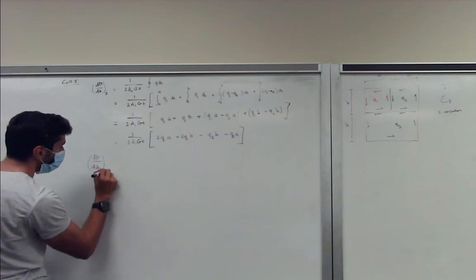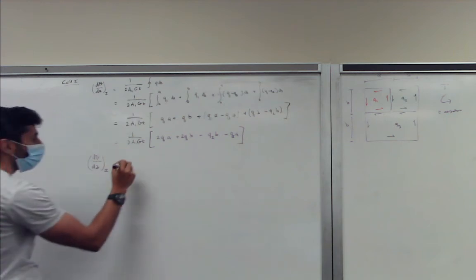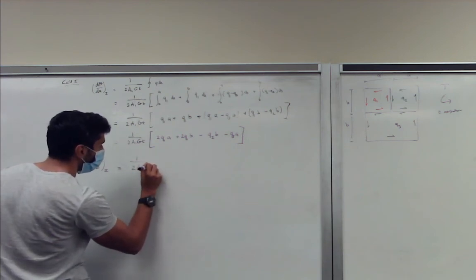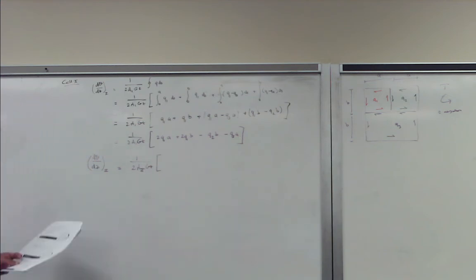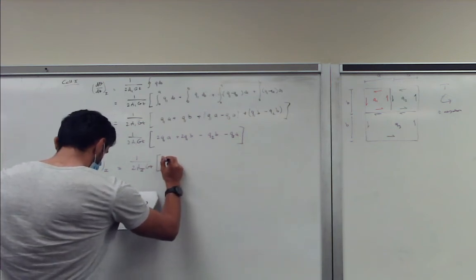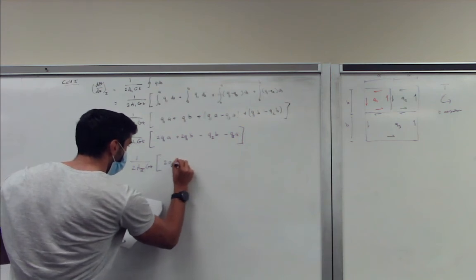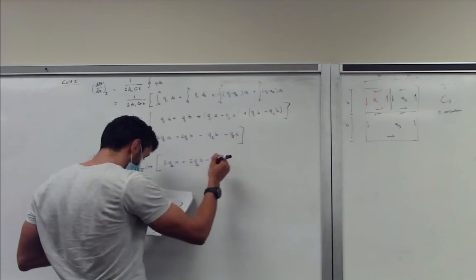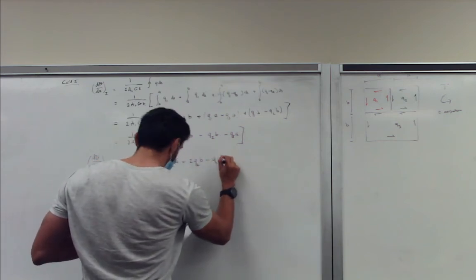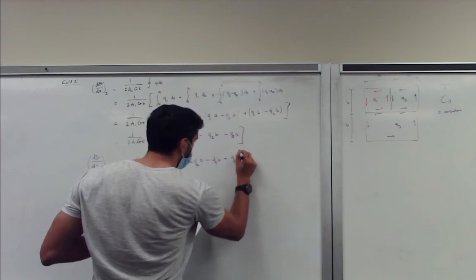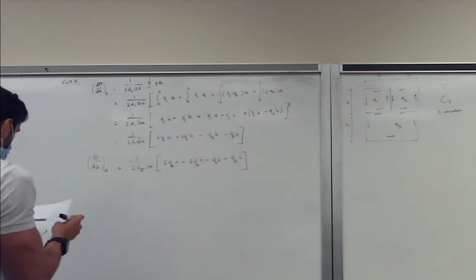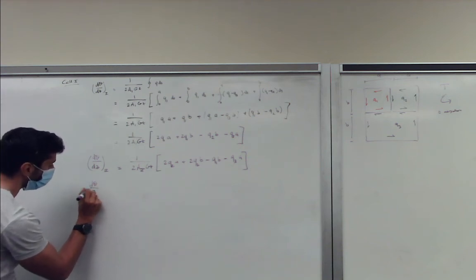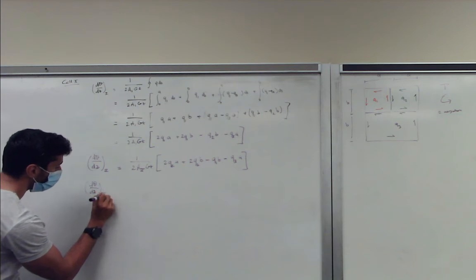And it will be the same procedure, so I'll give you just the final answer. That will be 1 over 2 times the area, GT, and then what we get is 2 times Q2A plus 2 times Q2B minus Q1B minus Q3A. And then we do the same thing for the third cell.